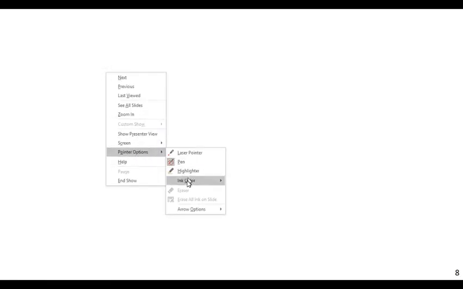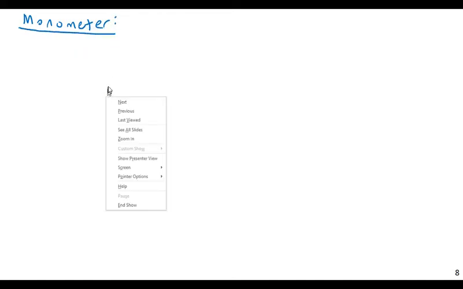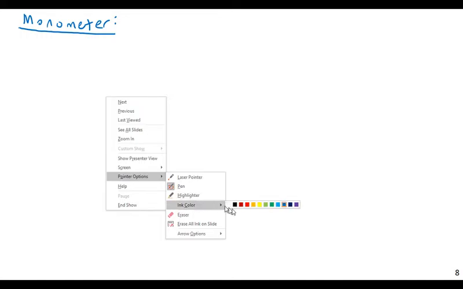All right, so let's talk about manometers. A manometer is a device that measures pressure via a vertical tube.